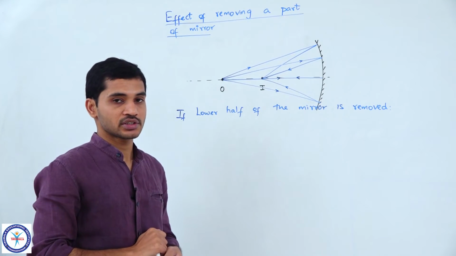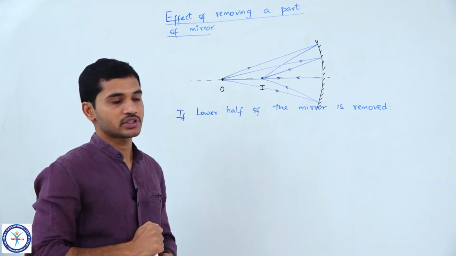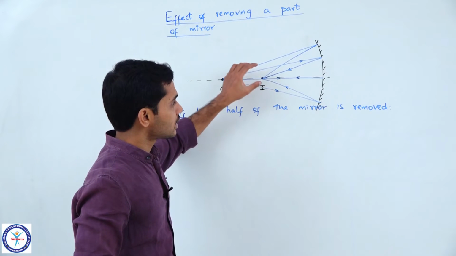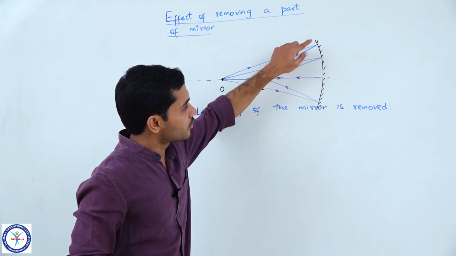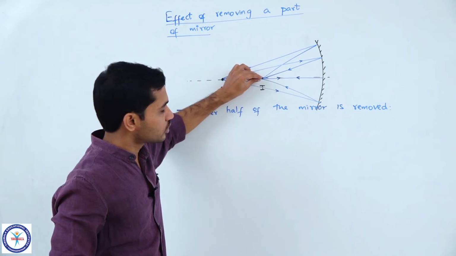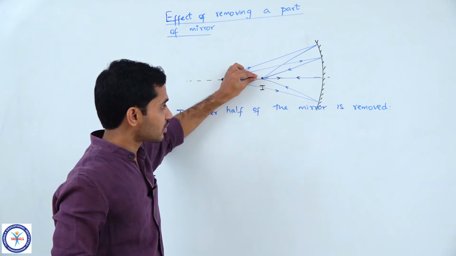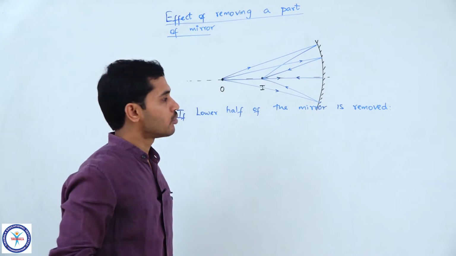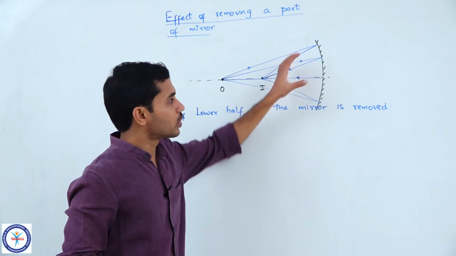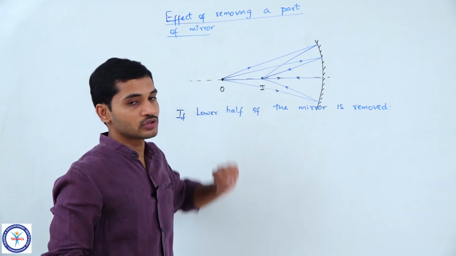But what will change? The brightness of the image, because earlier you can see that there are rays coming from each part of the mirror converging over here. So, a large number of rays will converge here to form the image, but if the lower half is removed, only rays from the upper half will converge to form the image.